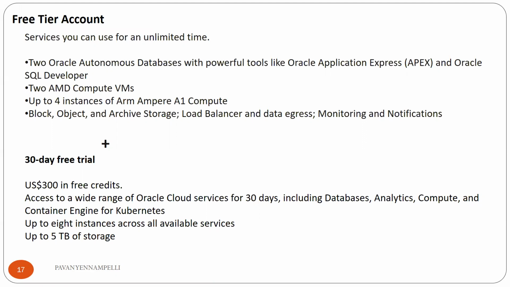This $300 is valid for 30 days. And apart from this, you will also get 5 terabytes of storage, valid for 30 days. So this is all about free tier account.